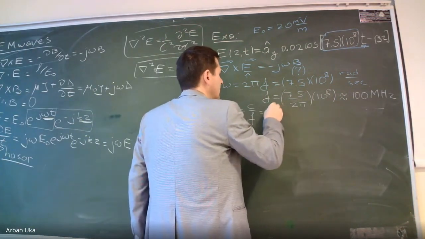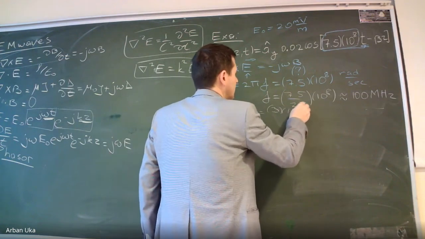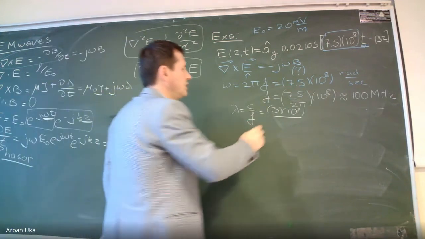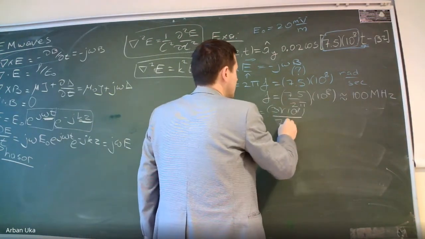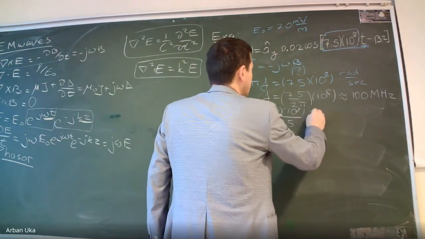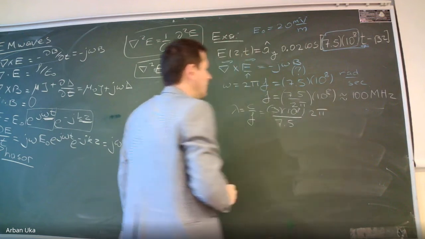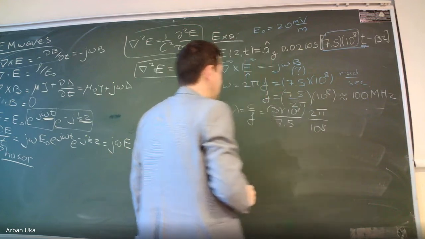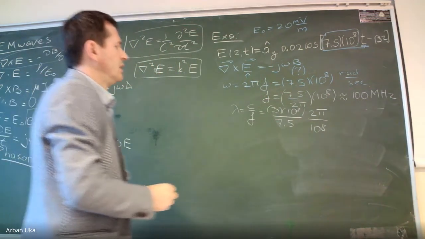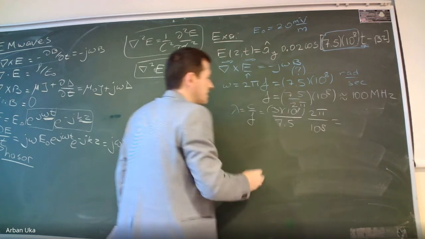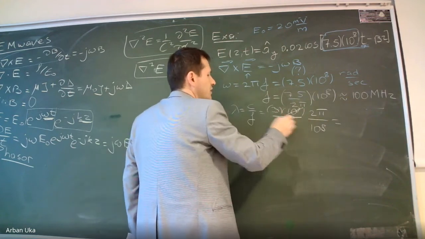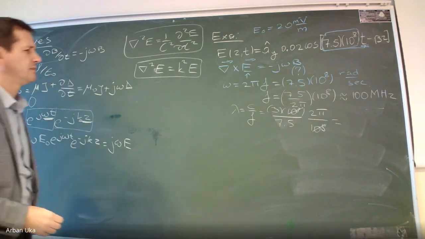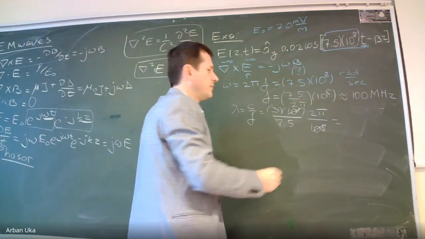So this is going to be 3 times 10 to the power 8 divided by the frequency, which in this case is 7.5 divided by 2 pi times 10 to the power 8. So 10 to the power 8, which comes from the speed of light, divided by 10 to the power 8, and we have here 6 pi.